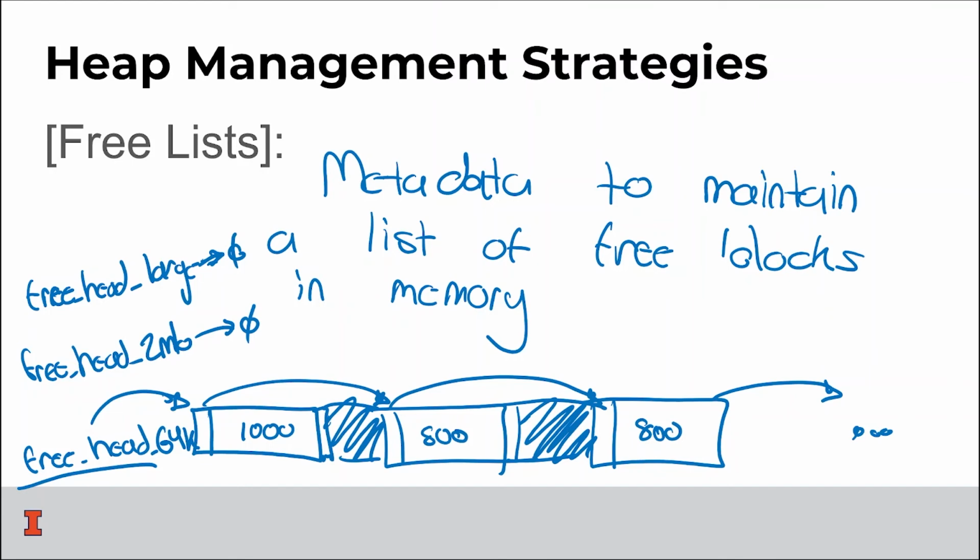Because how can you add to a linked list in O of one time? Usually add to the head, unless you have a tail pointer. Normally you just have a head pointer, so you add it right to the head of the list. That's an O of one operation to update your head to that element and then point it to the old head. So, yeah, if you have a tail pointer, you can add it to the end too. I don't think, in my implementation, I needed a head pointer for the malloc.